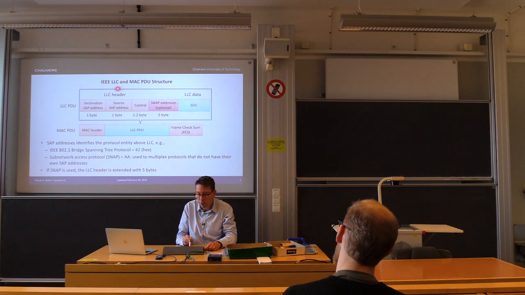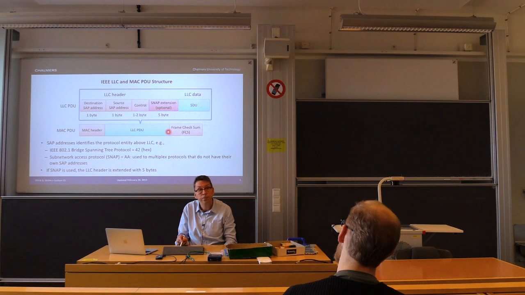Okay, this whole PDU, the LLC PDU, is then encapsulated in the MAC PDU. The MAC PDU consists of a MAC header and then the link layer control PDU, which is what's above here, and then a frame checksum on the whole thing. This is typically a CRC.